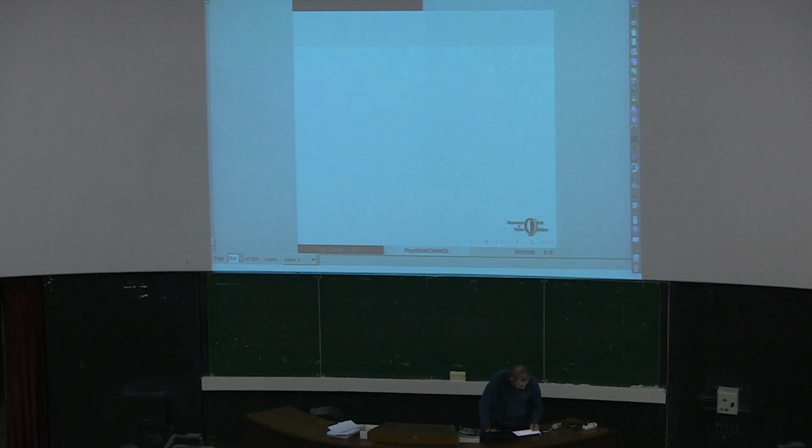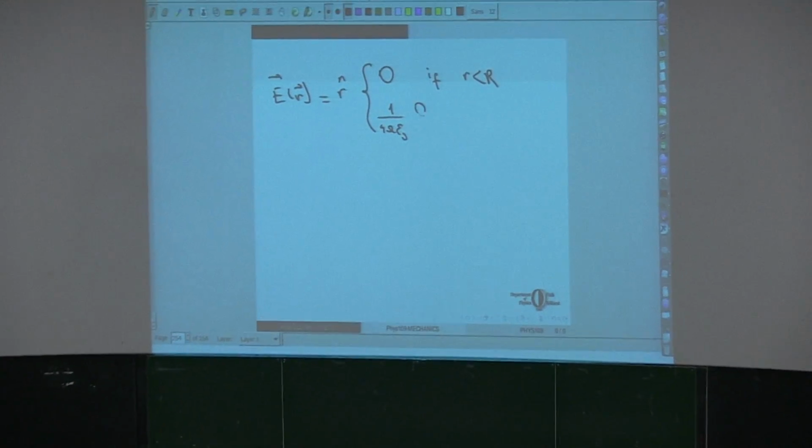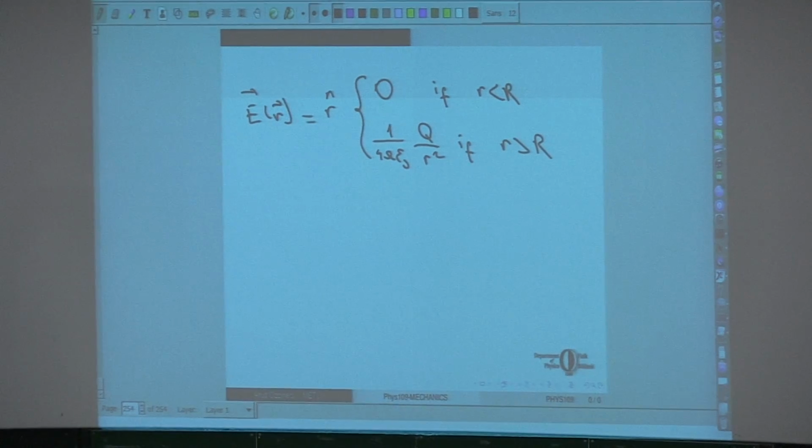The electric field at an arbitrary point is in the radial direction, and it is 0 if we are inside the shell, and it is 1 over 4 pi epsilon 0 Q over r squared if we are outside the shell.